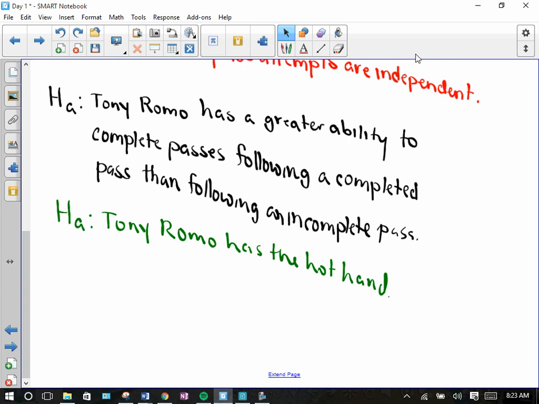Our null hypothesis: Tony Romo's pass attempts are independent. Our alternative hypothesis: Tony Romo has a hot hand. Yes, you can still write them with the words same ability and greater ability, but with this new vocabulary we're able to shorten our hypotheses and still say the same thing.